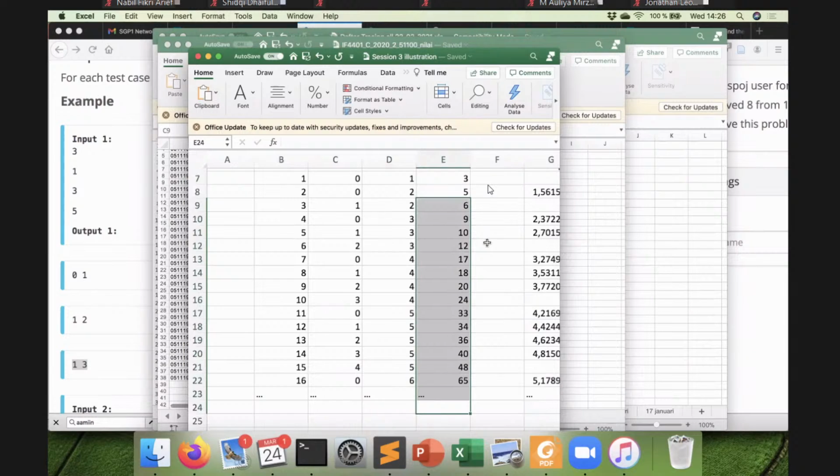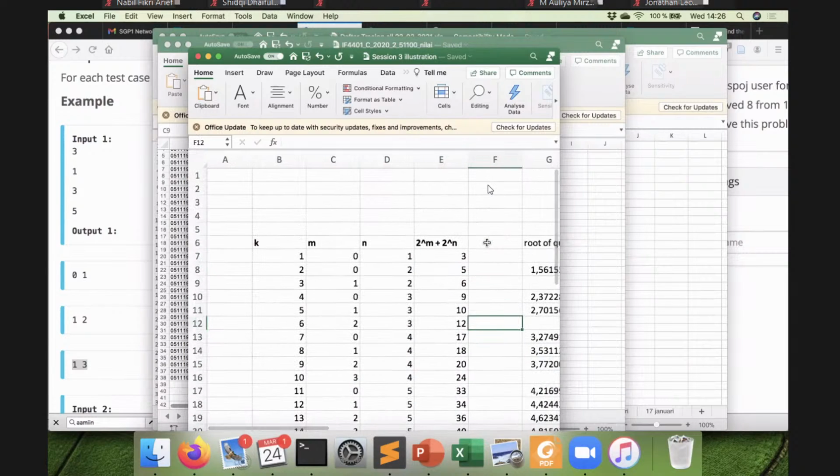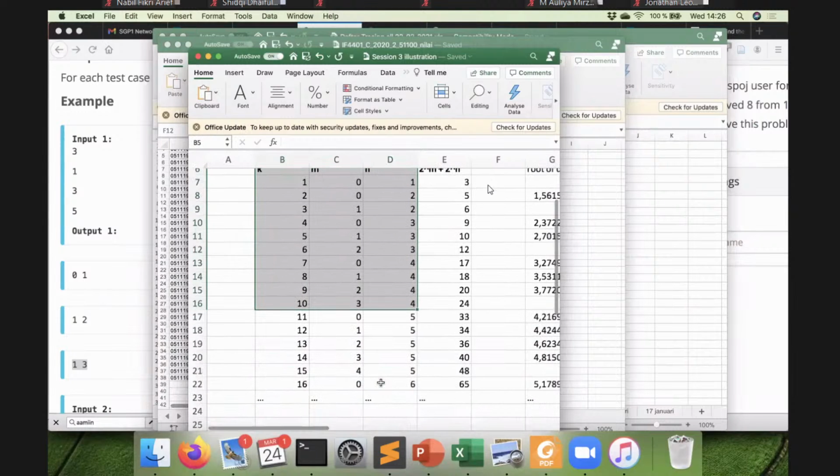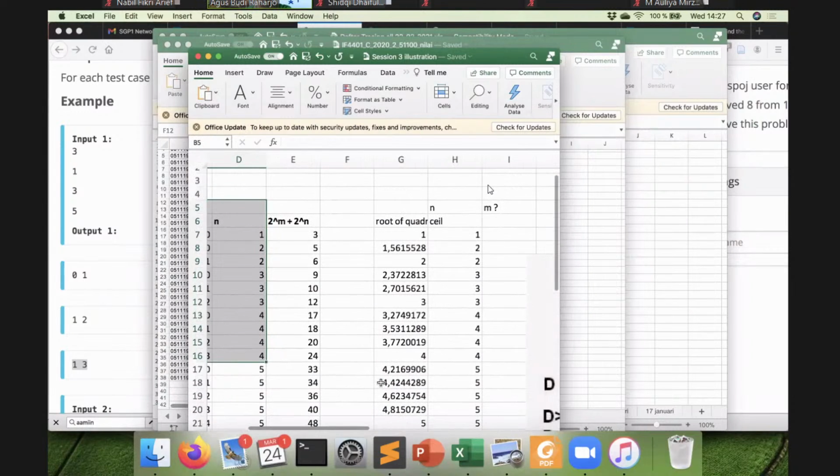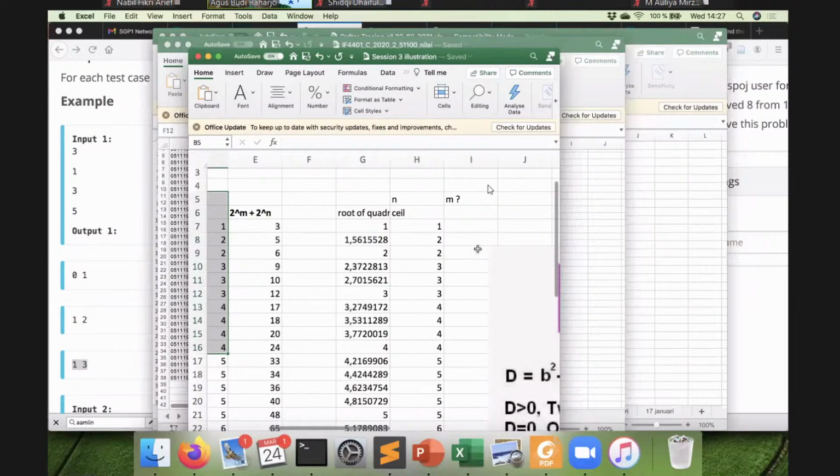Just forget it first. So, how to solve it after we understand the representation? Actually, I will take into account the approach of seeking n to find m. Well, you can try it later.